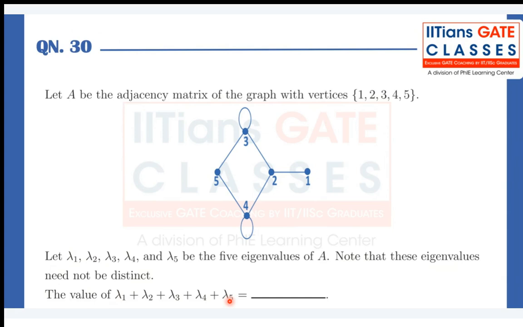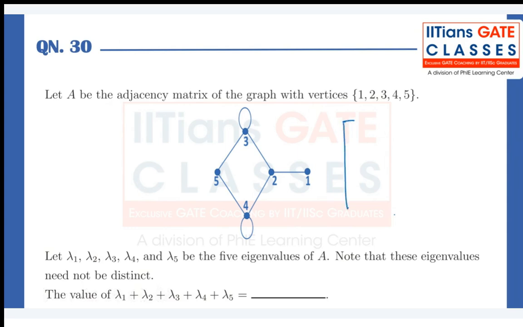First of all, whenever you have this kind of graph, you should try to convert it into a matrix. So the first step is to convert this undirected graph into an adjacency matrix, because they are talking about the adjacency matrix. And once you have the adjacency matrix, then you can calculate the eigenvalues, and then the corresponding sum of eigenvalues you can do.